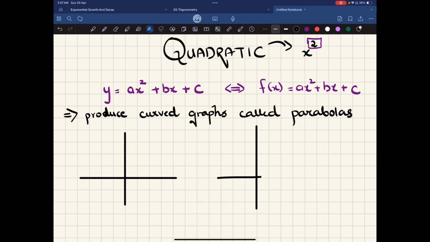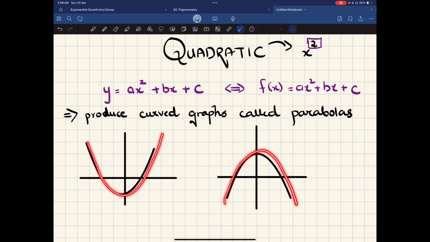So there are two possible shapes of quadratic graphs: a U-shaped graph and an inverted U-shaped graph. Okay, so both of them are known as parabolas. This is a U-shaped parabola and this is an inverted U. Now a couple of important things that you should keep in mind. Firstly, parabolas have one line of symmetry.